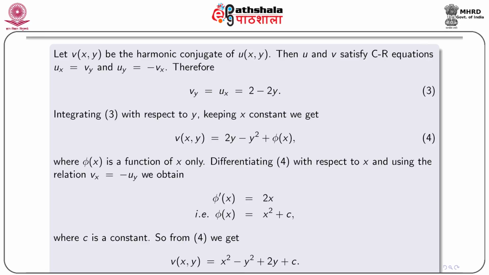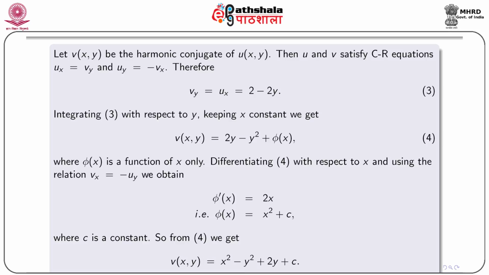Now, we find v of xy, that is the harmonic conjugate of u of xy. Since u and v satisfy the Cauchy-Riemann equations, del u del x equal to del v del y and del u del y equal to minus del v del x, therefore del v del y equal to del u del x equal to 2 minus 2y.